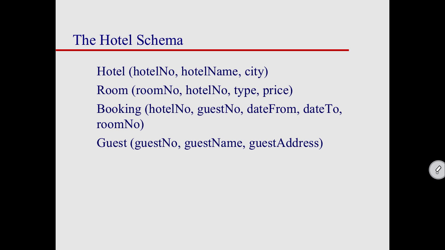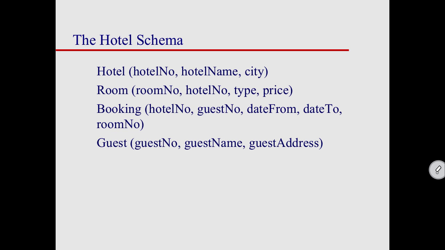You could have the same room number, like 303, in two different hotels. So that's not going to uniquely identify the tuples in the room relation. And similarly, within the same hotel, you could have multiple rooms.